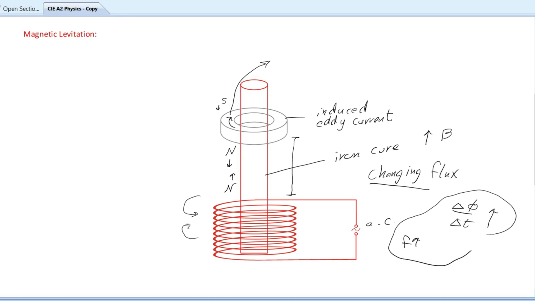So this will create a stronger force. Then the force it shoots up out of the rod will be greater, or it will just hover at a higher distance where the flux density is a little bit less. So these are the applications of inducing EMF in a coil or using a changing flux to induce an EMF.